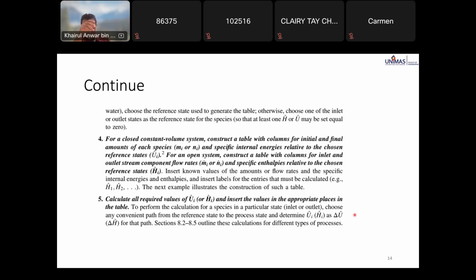Although the procedure is, what can I say, long, later you will be repeating the same method, the same procedure, for any type of question. This is the procedure: construct the table, choose the reference state, calculate the U or H that you have inserted in the table.